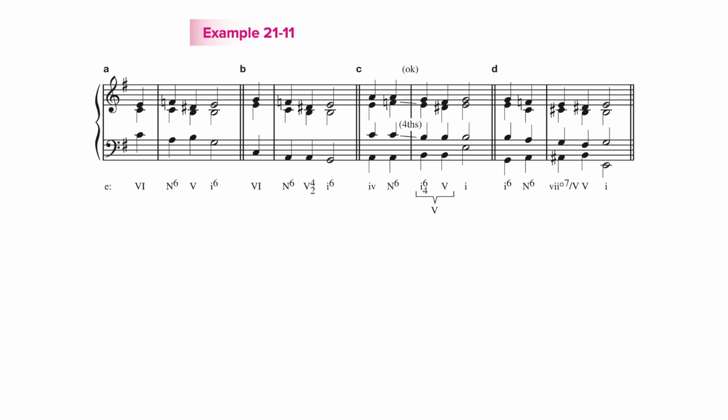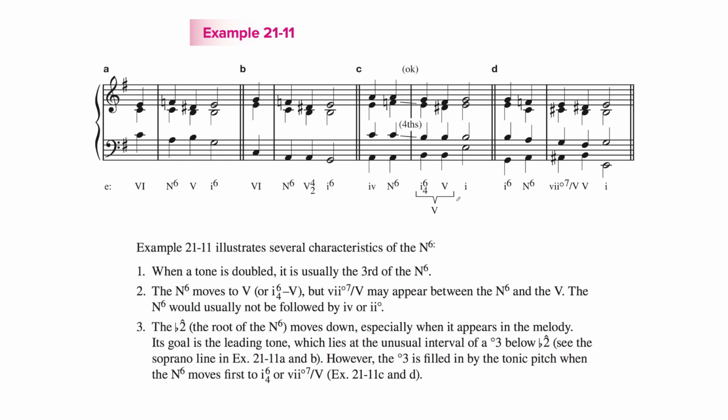Here are a couple of examples of using the Neapolitan chord in part writing. Let's go over some points. When a tone is doubled, it is usually the third of the Neapolitan sixth, which is in three-part texture.